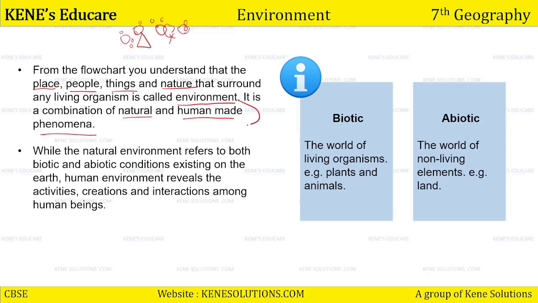I will repeat the statement. Environment is a combination of natural and human made phenomena, right? Because we are surrounded with natural as well as human made objects. That is why environment is a combination of natural and human made phenomena.